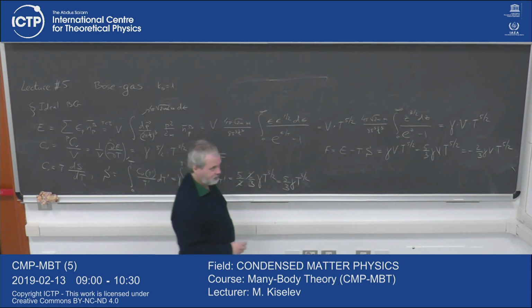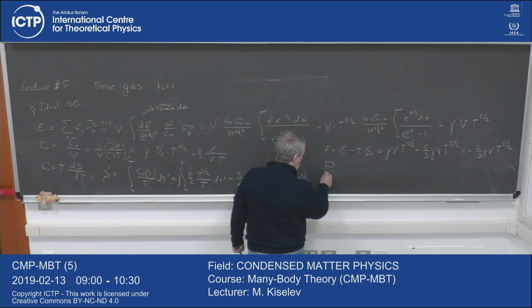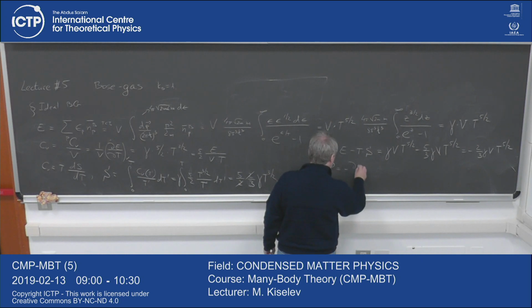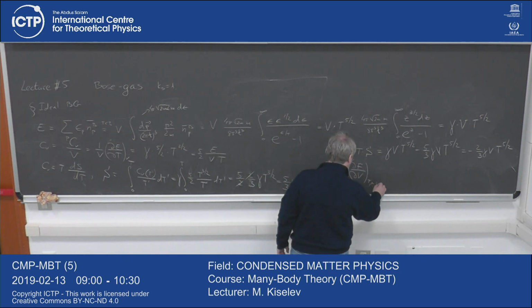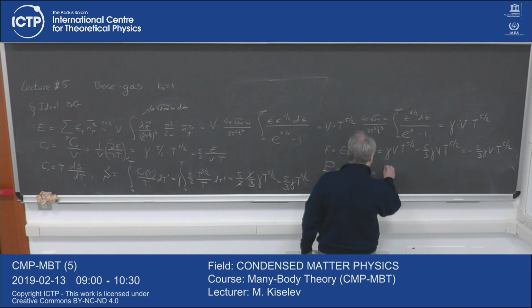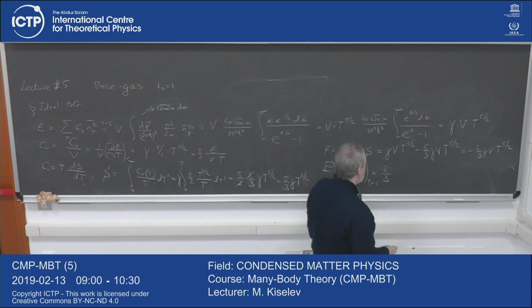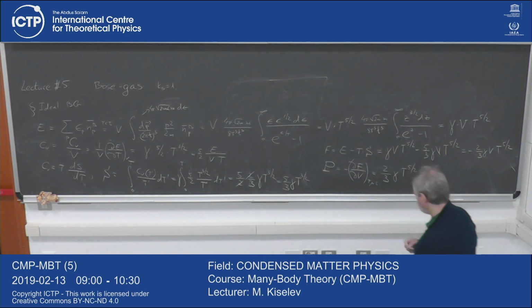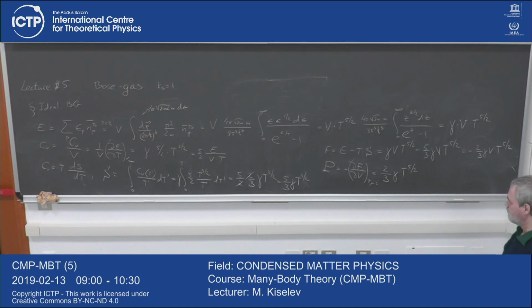The pressure of the system is minus d free energy over d volume at constant temperature and chemical potential. So this is then 2/3 gamma temperature to the 5/2. Okay?